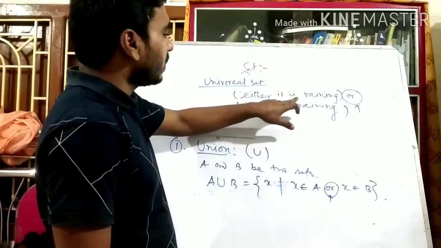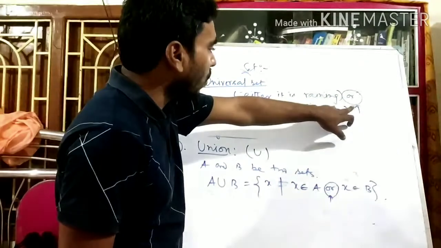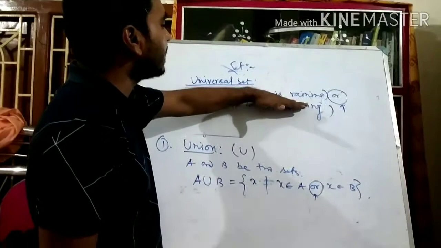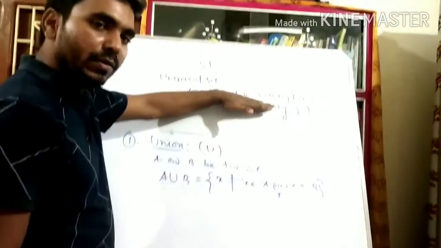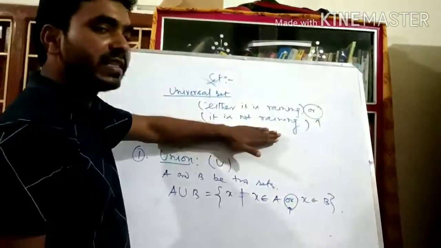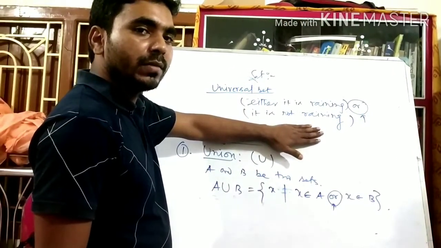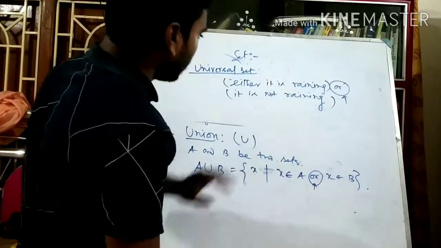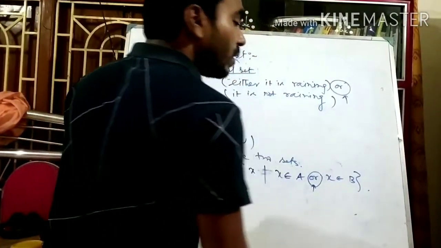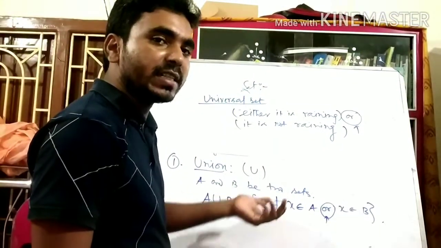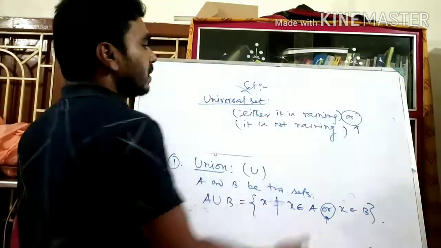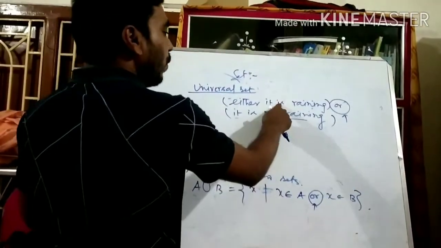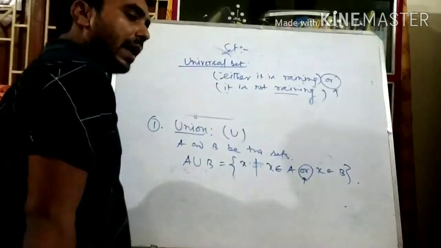So once we use this or between these two sentences, that means either this statement will happen or that statement will happen, but both statements will not be true simultaneously, in English usage. That means either it is raining or it is not raining, but both things cannot happen simultaneously.